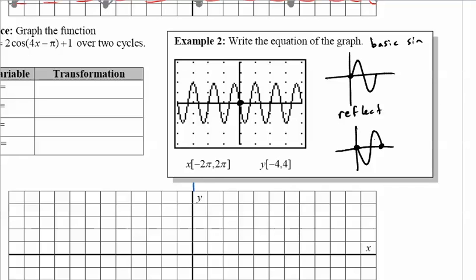And the window is from negative 2 pi to 2 pi. So usually, for a basic sine, from 0 to 2 pi, this will fit one period. But on this graph, I fit 1, 2, 3 waves.